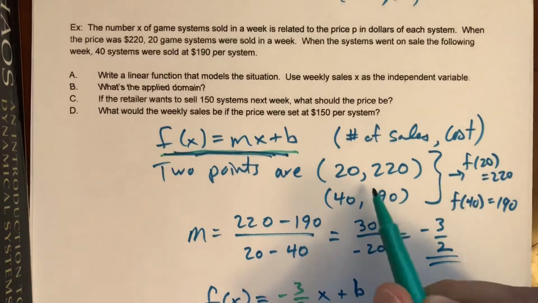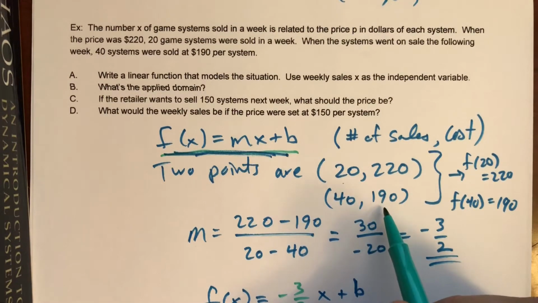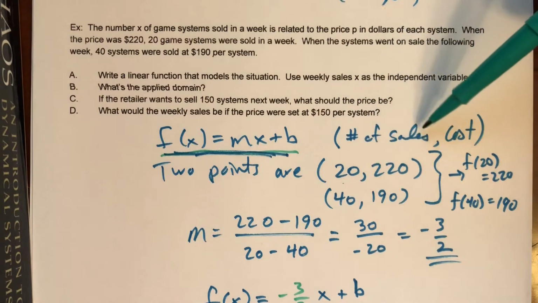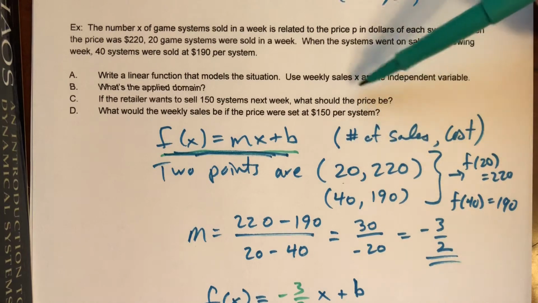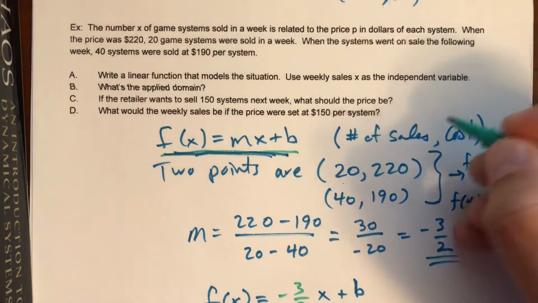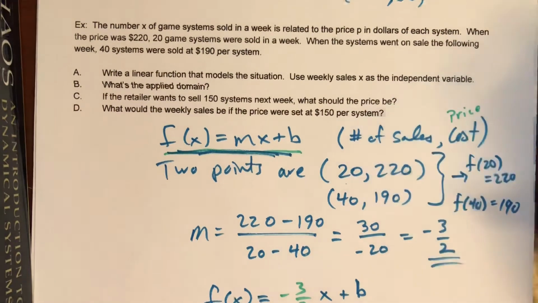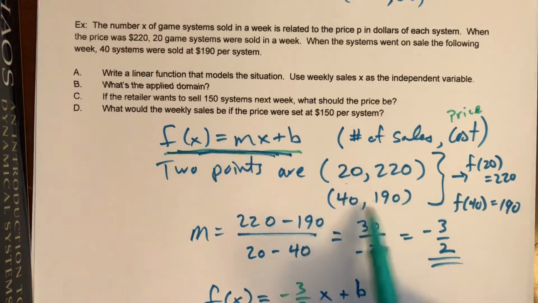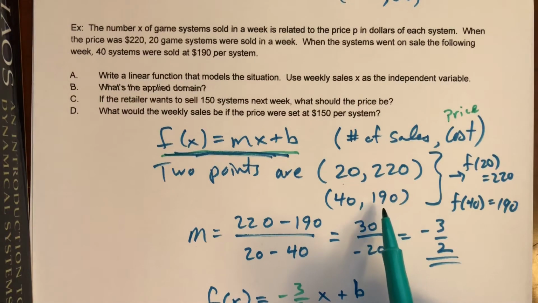Two points on our graph have to be these, because our ordered pairs looked like this. X was the weekly sales, and the price or the cost was our y value.